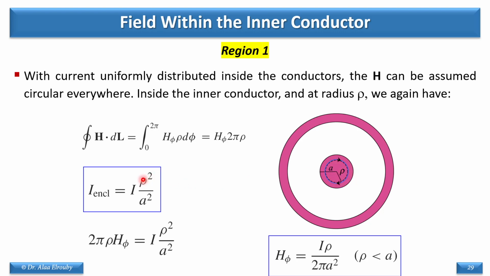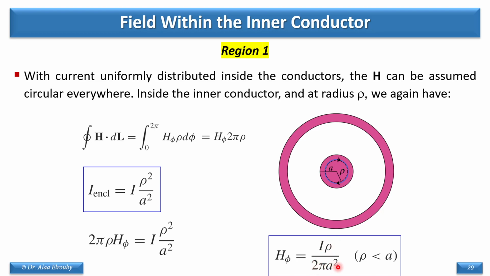Current density is I divided by pi a square, and this area is pi rho square. So the current enclosed will be I multiplied by rho square divided by a square. So the field, again, will be circular in the phi direction, and equal I multiplied by rho divided by 2 pi a square.